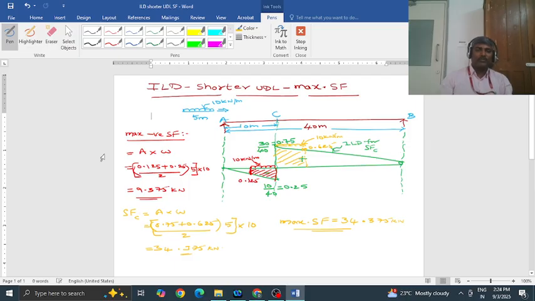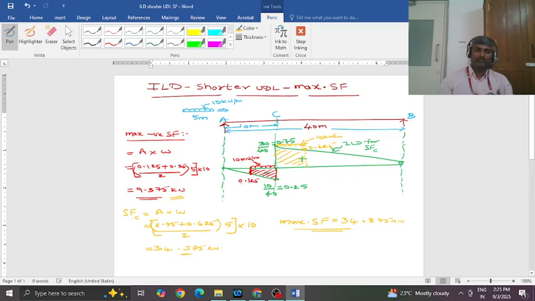So is this maximum negative shear force, is this required to be worked out? If you can guess exactly that yes, this positive shear force is going to be the maximum value, then there is no need. When your question is to find maximum negative shear force, then you need this to be worked out.